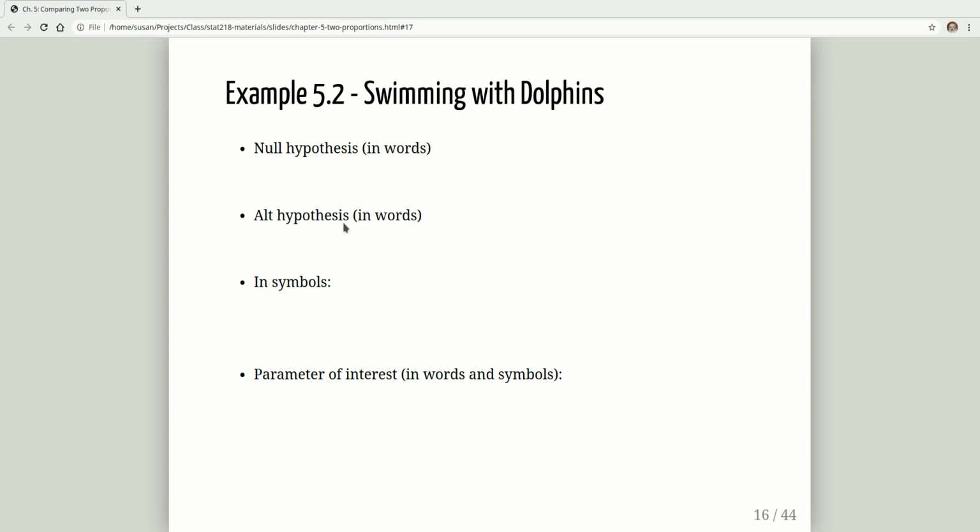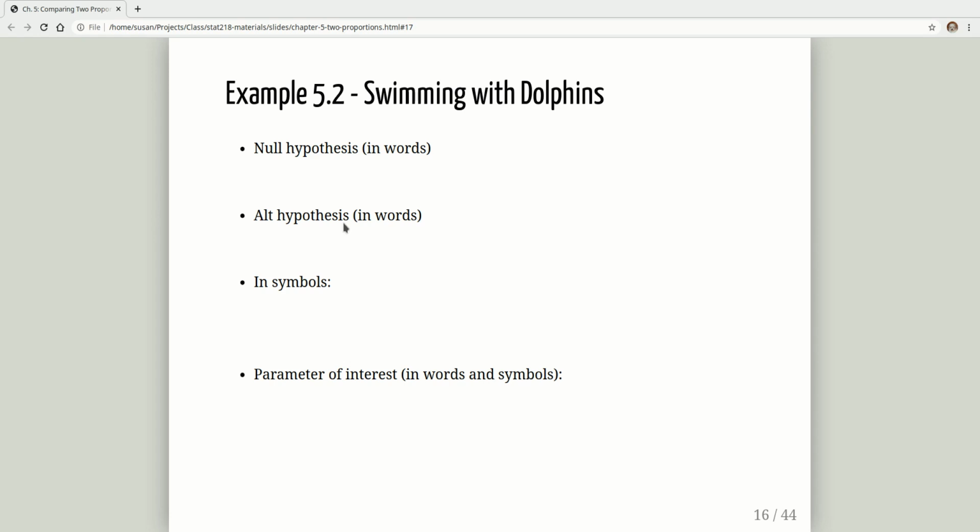Okay, so one way to think about this is for each group we have the proportion of people whose depression gets better, and we want to subtract those two proportions, so proportion dolphin, proportion control, subtract the two, and if that number is positive, right, then swimming with dolphins maybe helps depression.